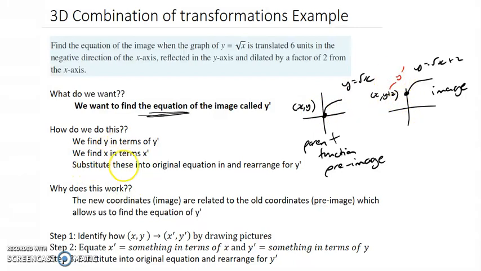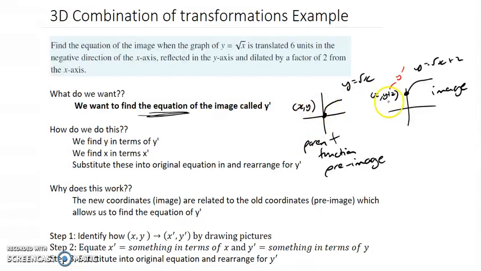So the process is we find y in terms of y dash, we find x in terms of x dash, and then we substitute these expressions into the original equation and rearrange for y dash. So again, this works because the image coordinates are related to the old coordinates by this mapping.